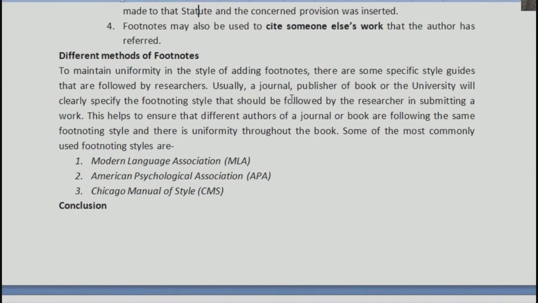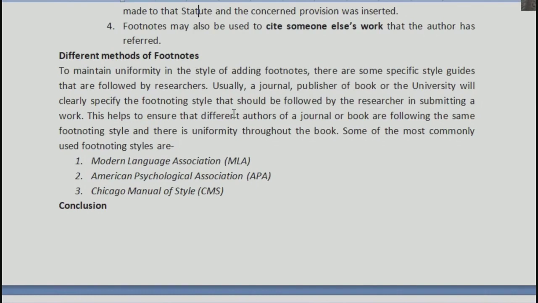Usually, a journal, publisher of a book, or university will clearly specify the footnoting style that should be followed by the researcher in submitting the work. I cannot randomly put notes or randomly cite others' work; it has to be in a certain style and certain order.